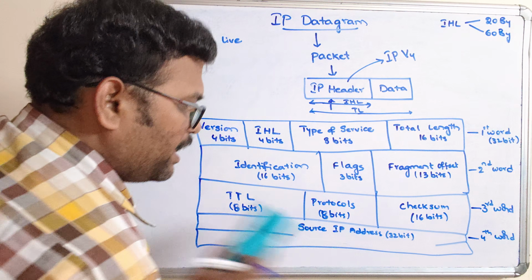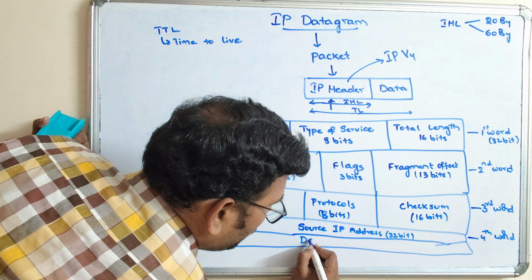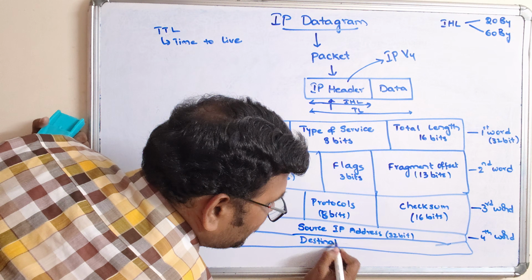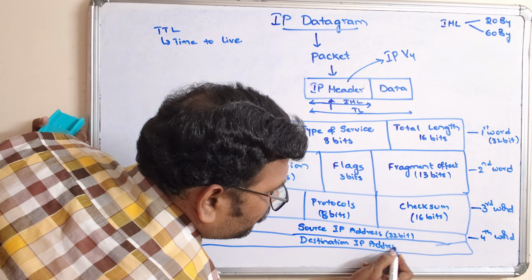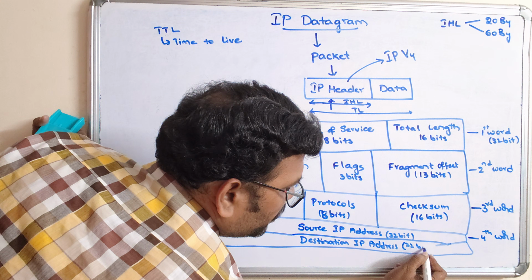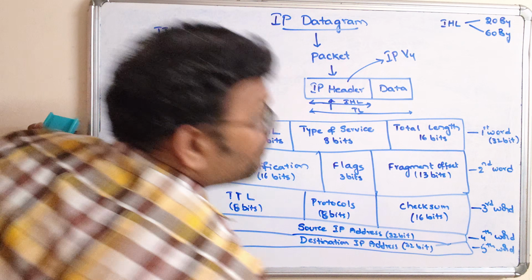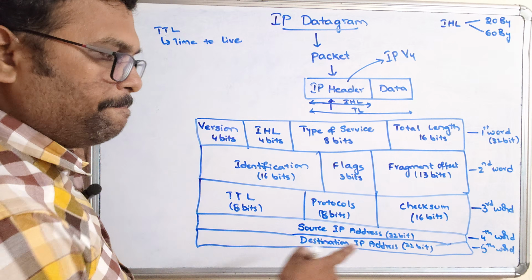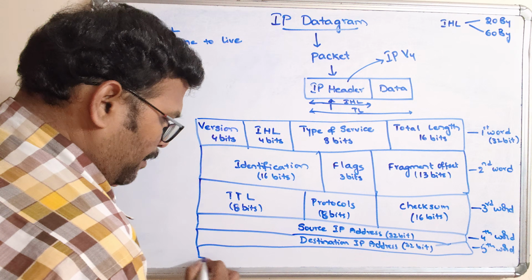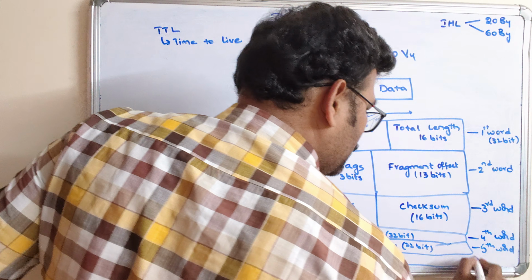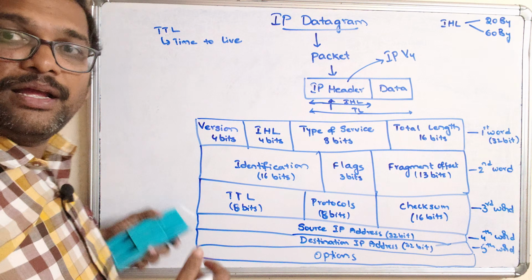And the next one, obviously for every packet there should be a source IP as well as a destination IP, 32-bit. So this is the fifth word. So source IP, destination IP. And the last one is options.